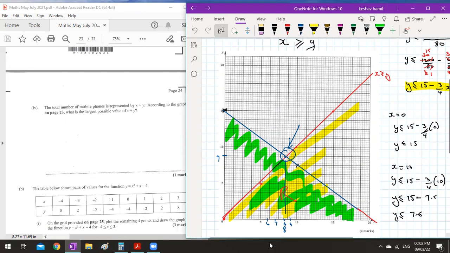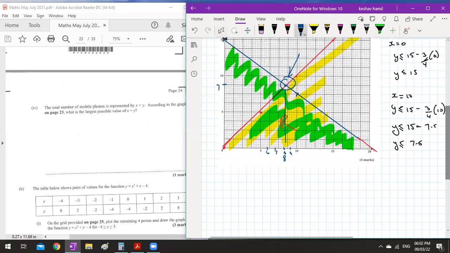So therefore, your largest X value will be 8, and your largest Y value will be 7, which also satisfies the equation that we have, right?